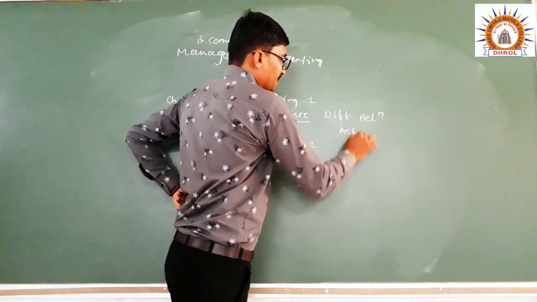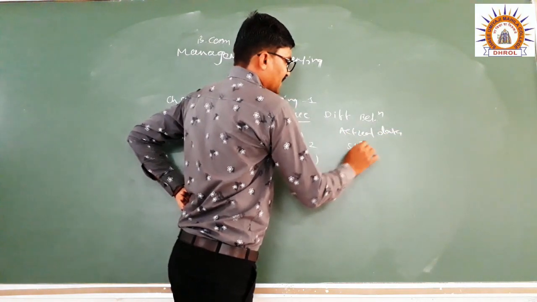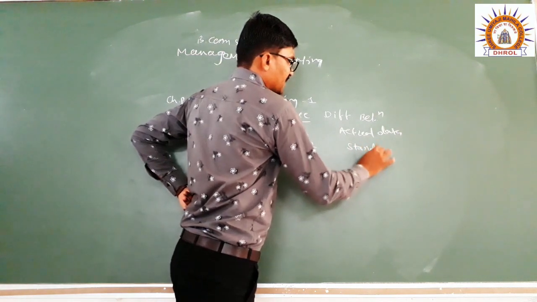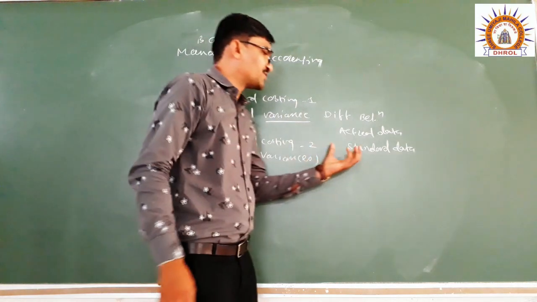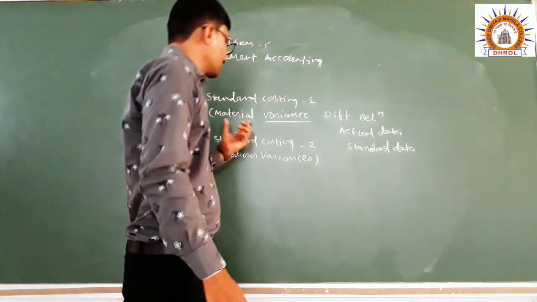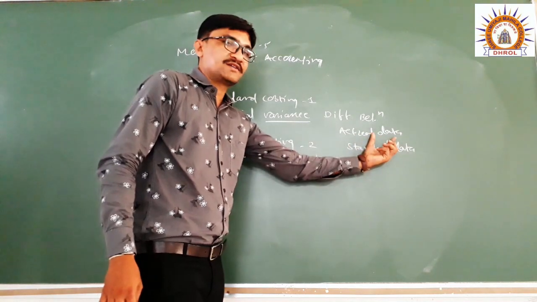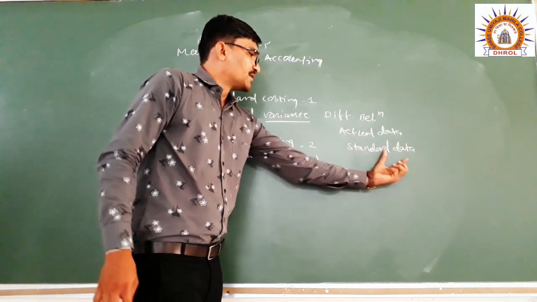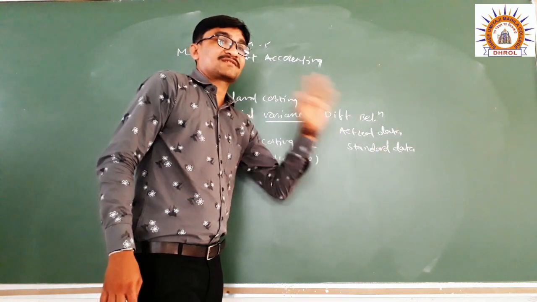So the difference between actual data and standard data. Simply, you carry through in this chapter to find out the difference between actual data and standard data. Standard data means data that you just set.